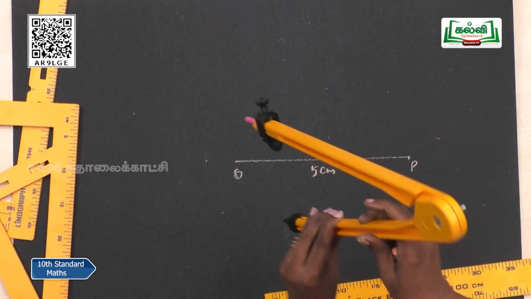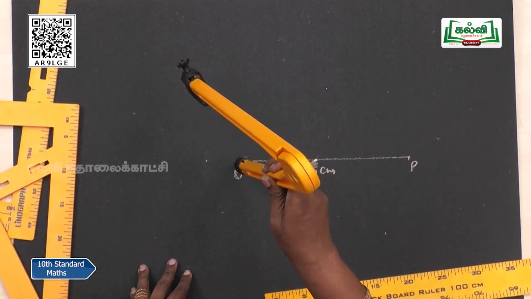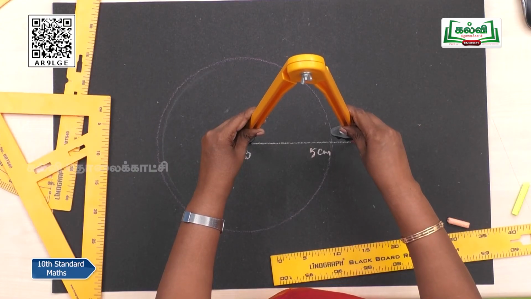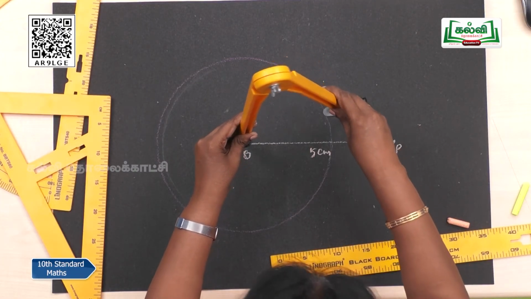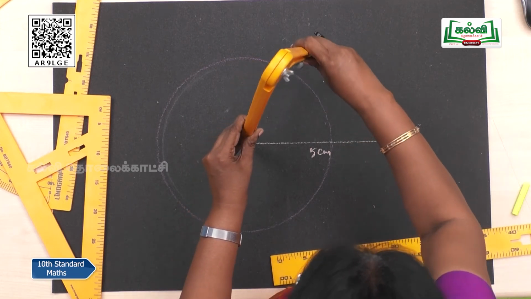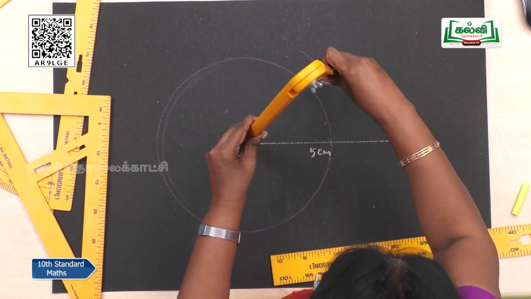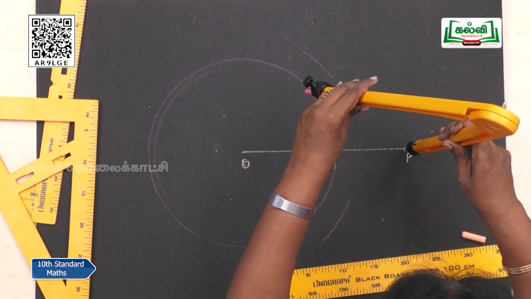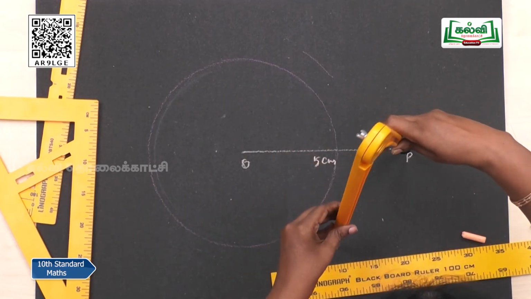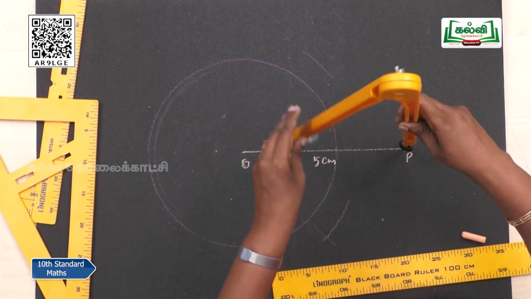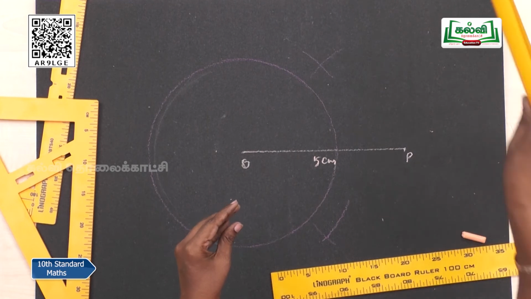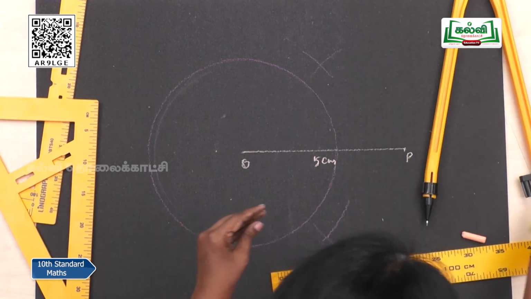Now keep your compass at the point O. The first circle you are going to draw. After drawing a circle, you are going to construct the perpendicular bisectors. Now you join both the arcs.